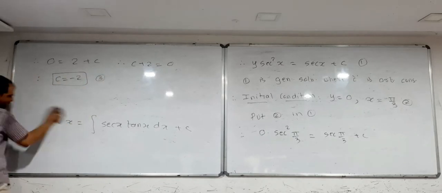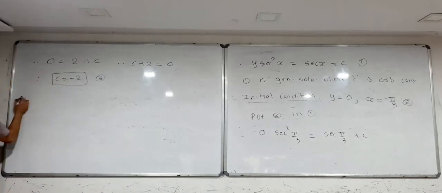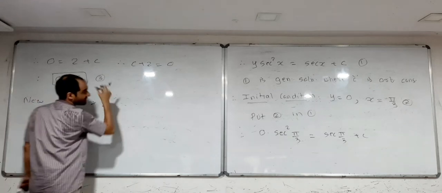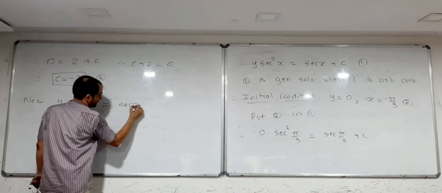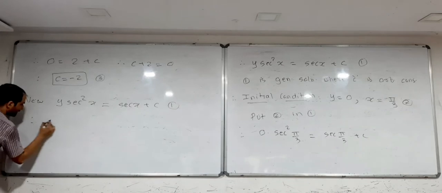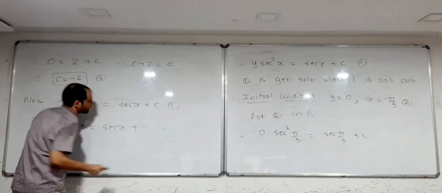Put 3 in 1, substitute in the general solution. y into sec square x is equal to sec x plus c. Substituting result number 3, y into sec square x is sec x minus 2.